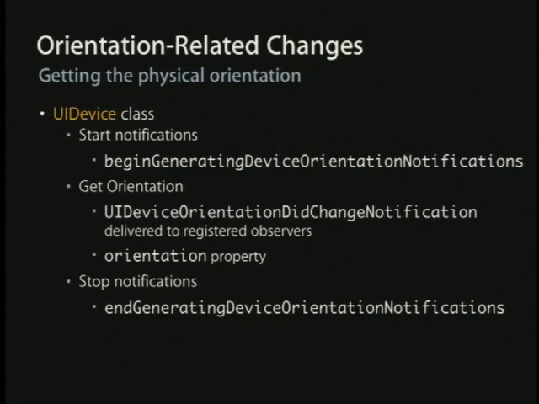We're not going to get into it too much, but there's really only one method you have to know about there. Well, two. There's register for notification, where you specify an object and a method to be called when that notification happens. And then there's unregister, which lets you unregister for notifications. Finally, we've got end generating device orientation notifications, which stops generating these.